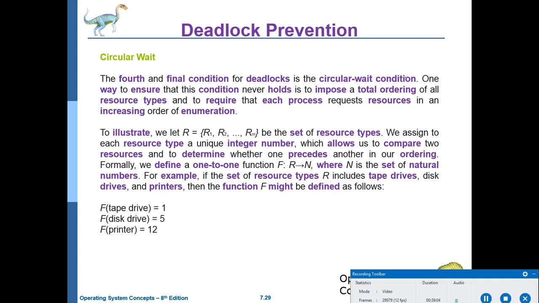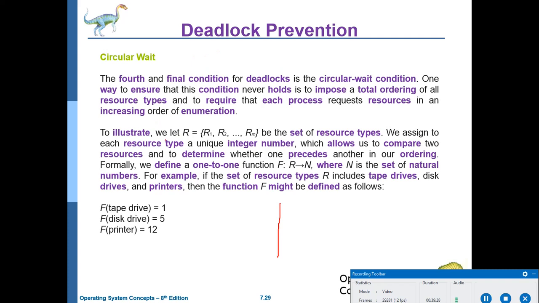Resources are given some number or priority number, and a process must request in increasing order of enumeration. I am going to explain it.